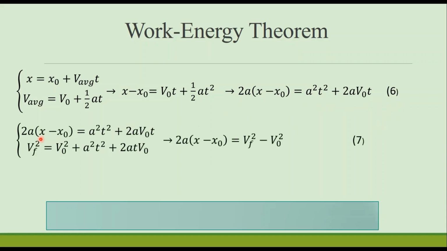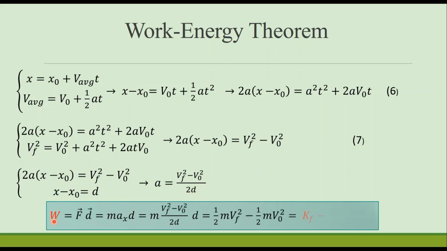Subsequently, using equation 7, we can form a significant correlation that connects acceleration with initial and final velocity and distance. The equation W equals F times d represents the work done on an object by a force F over a distance d. By applying Newton's second law, we can substitute F in the equation.